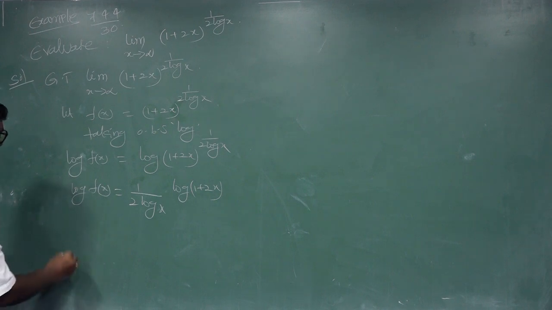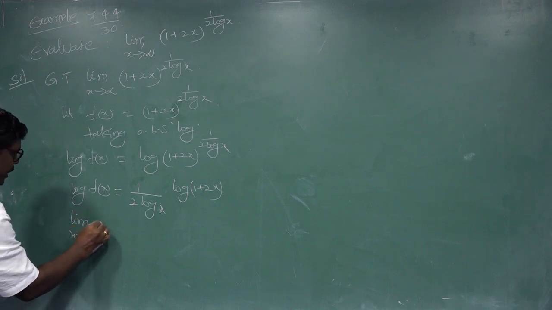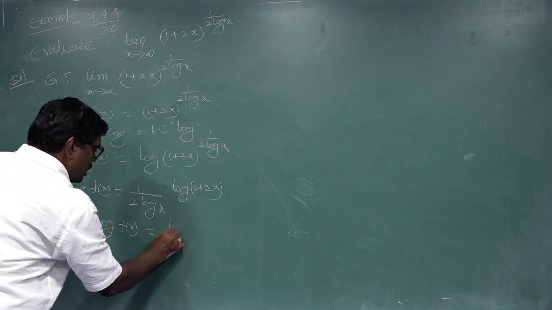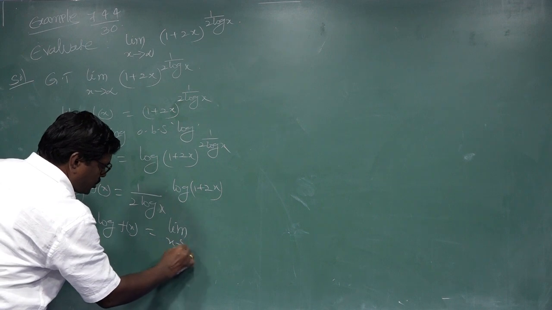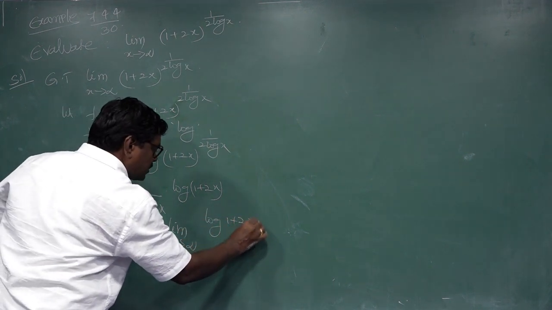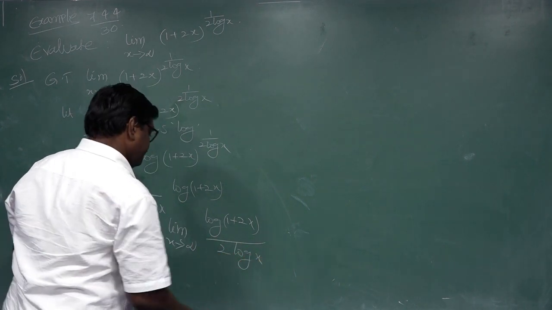Now apply the limit: limit x tends to infinity of log of f of x equals limit x tends to infinity of log of 1 plus 2x by 2 log of x.